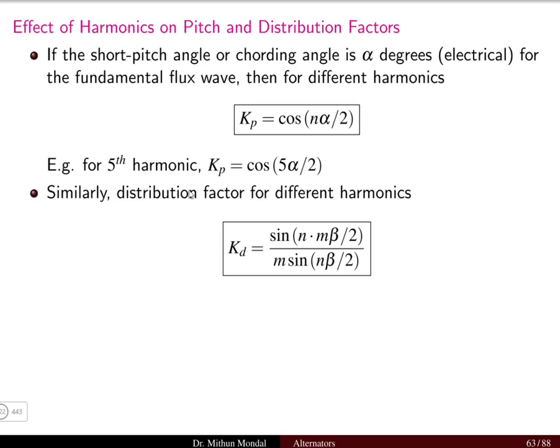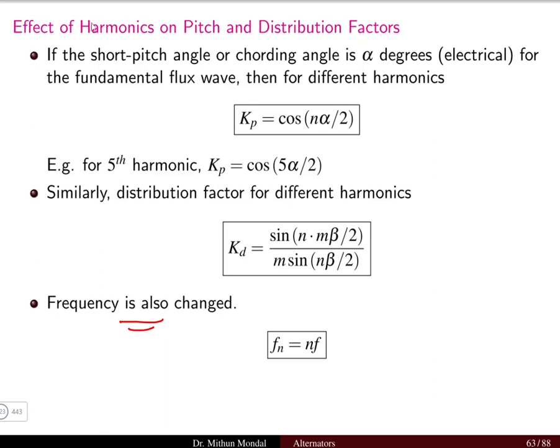Similarly, to calculate the distribution factor Kd when harmonics are present, we have sin(nmβ/2) divided by m sin(nβ/2). So here we introduce the harmonic component into the fundamental wave. This is the updated equation of Kp and Kd in the presence of harmonics. The frequency also changes.